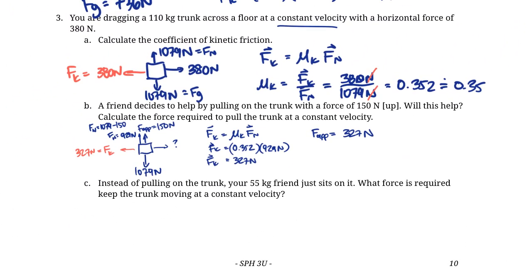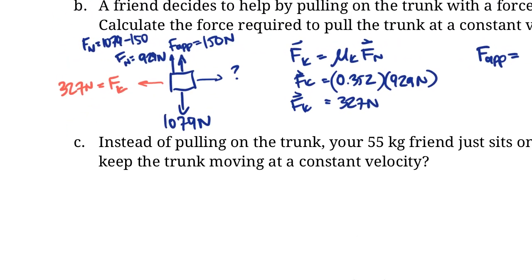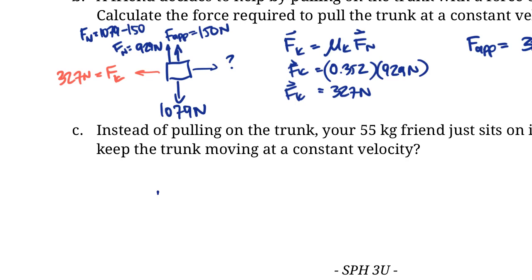Lastly, our friend sits on top of the trunk. That's not a very nice thing to do because we know it's going to make our job more difficult. Now, what is the new force required to move the box? So similar situation as last one, right? We have the box. We're going to draw a free body diagram. Always draw a free body diagram. We know the force of gravity is 1079 newtons.